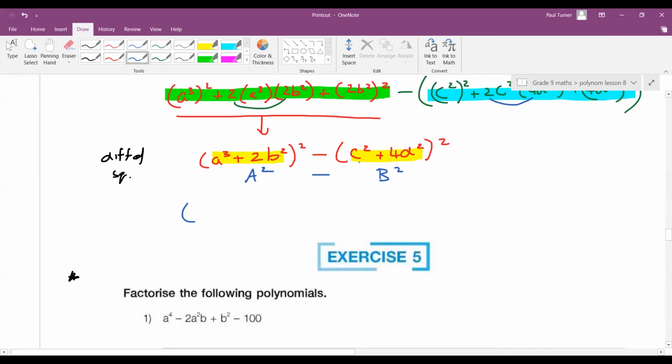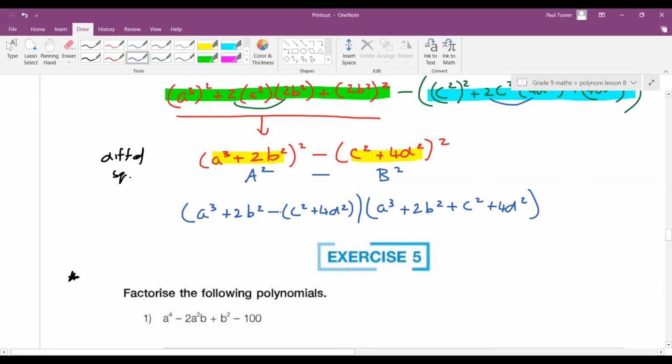You need to be careful now with this part because there's two terms. So you've got A cubed plus 2b squared minus this. So you should put this one in brackets, c squared plus 4d squared, like that, and then we add them. So a cubed plus 2b squared plus c squared plus 4d squared.